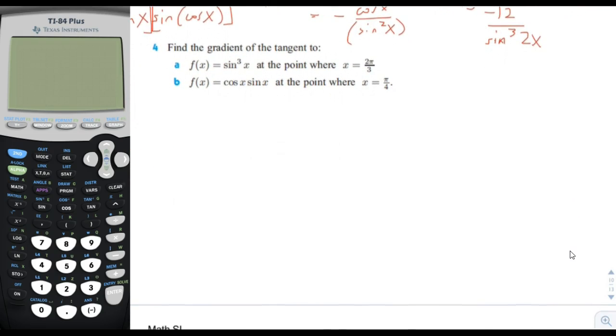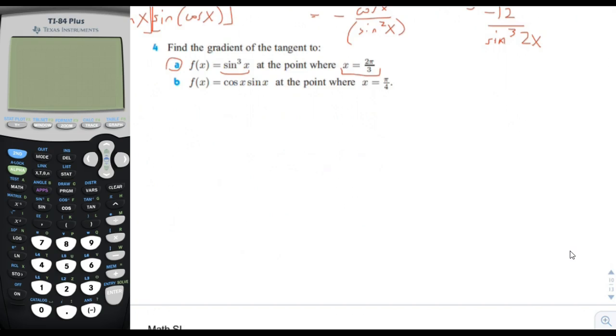Find the gradient of a tangent to part A, f of x equals sine cubed. So the first thing we're going to do is find the derivative of that. Once we find the derivative, then we can insert the value x equals 2 pi over 3 to see what exactly is the numerical value of the gradient, instead of just the equation to find the gradient.